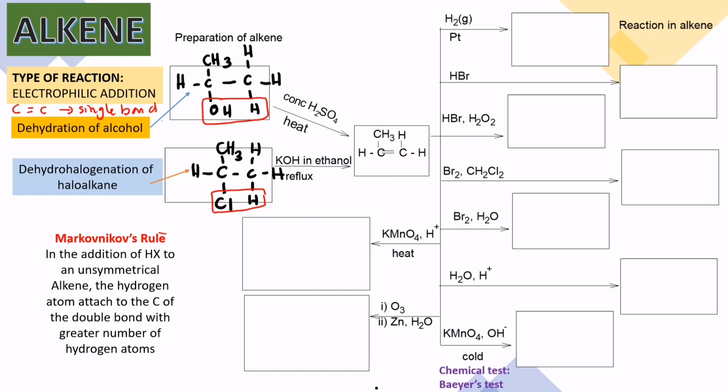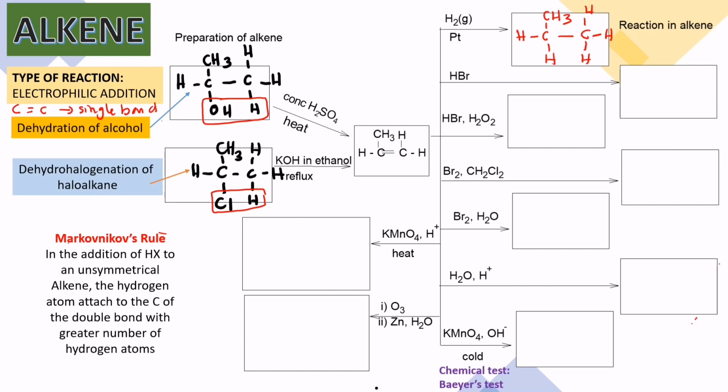In hydrogenation, C double bond C will add two hydrogen atoms and the product formed is H, C, CH3, C, H, H, where two hydrogen atoms are added to the carbon-carbon double bond. And we can see that from the carbon-carbon double bond, the product forms a single bond.